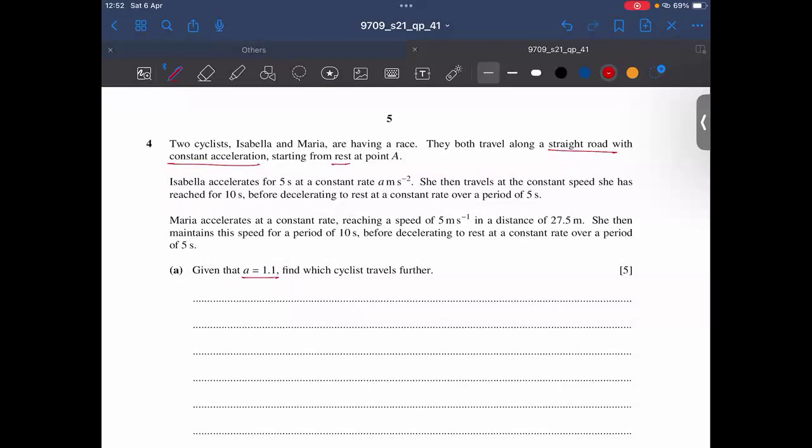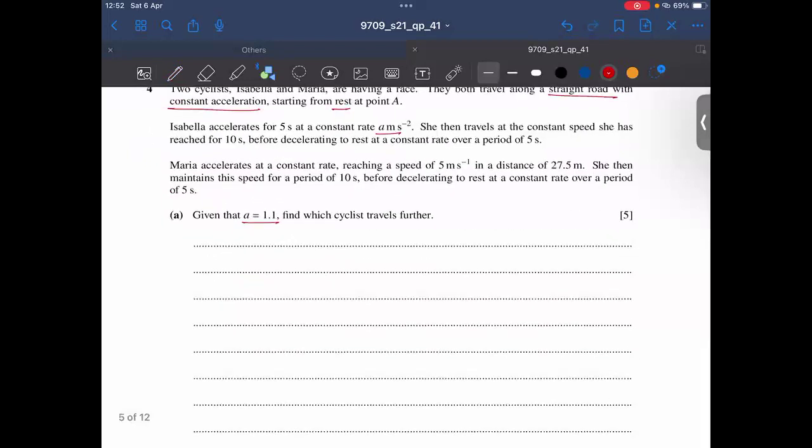So I've been given the value of a, I've been given time.